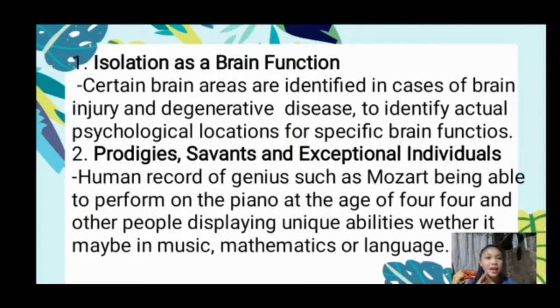Second is prodigious savants and exceptional individuals. Human records of genius, such as Mozart being able to perform on the piano at the age of 4 and other people displaying unique abilities, whether it may be in music, mathematics, or language.